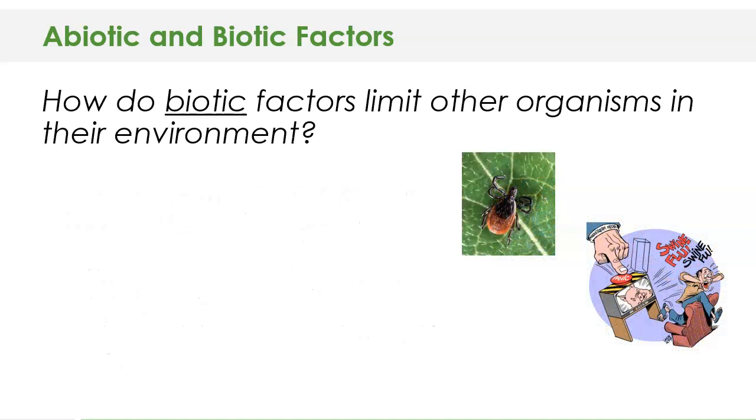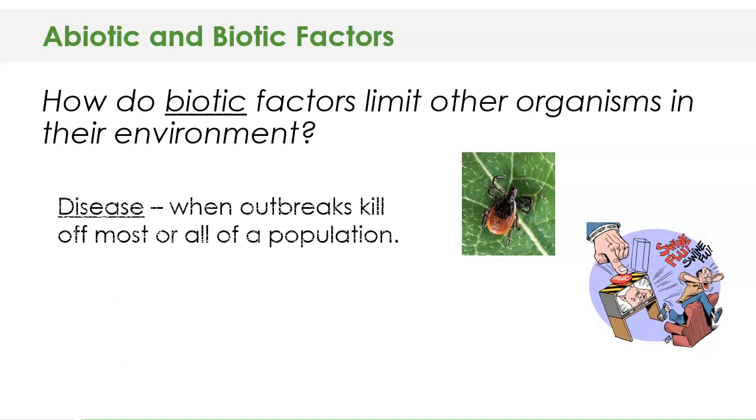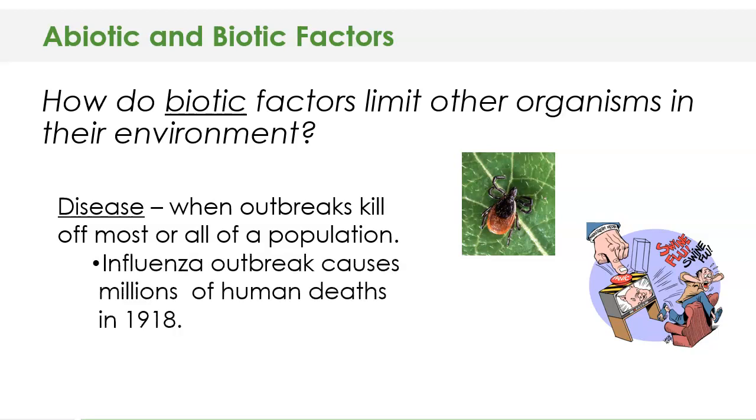Another biotic factor that limits other organisms in the environment: disease. Outbreaks of diseases can kill off most or all of a population of organisms, whether that's a population of plants or animals or bacteria or whatever it may be. One example would be the influenza outbreak in 1918, the pandemic then.